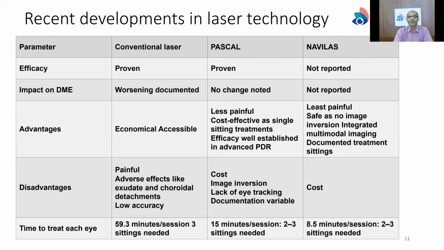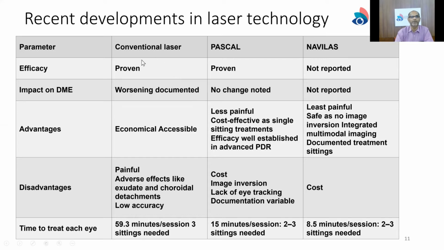It is much more comfortable for the surgeon who is giving this laser treatment. But again, it is extremely costly and not used routinely in practice. The commonly used are conventional lasers, but the issue with this is that it can cause worsening of diabetic macular edema.